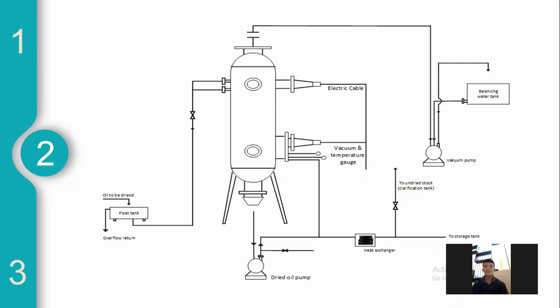Fifth, the oil injected as a spray falls onto the surface of the deflector, and a second misting process occurs. Sixth, while the oil is in a foggy stage, the water evaporates easily and is sucked in by the vacuum pumps so that it comes out of the vacuum chamber, then is pumped into the hot water tank.